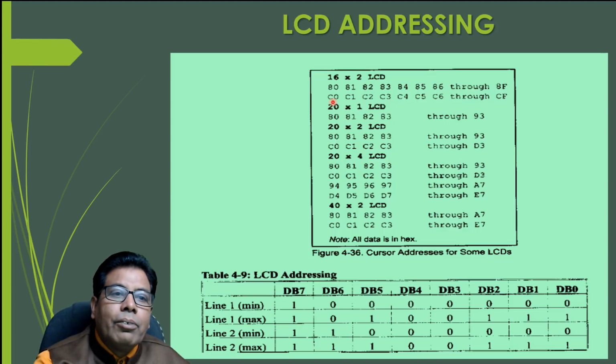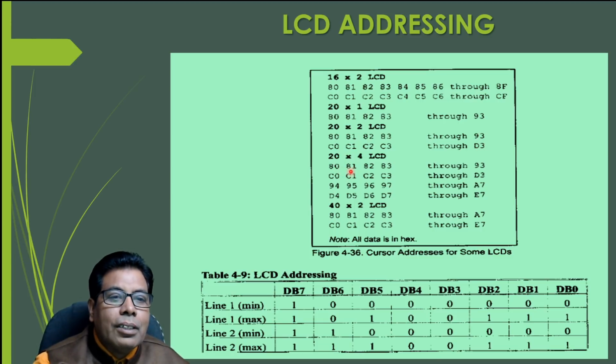Similarly, the second line will have the codes C0, C1, C2, C3 and so on up to CF. Then if you take another display, 20 by 2, it will have these codes, only here the first line will go up to 93, and the second will go up to D3.